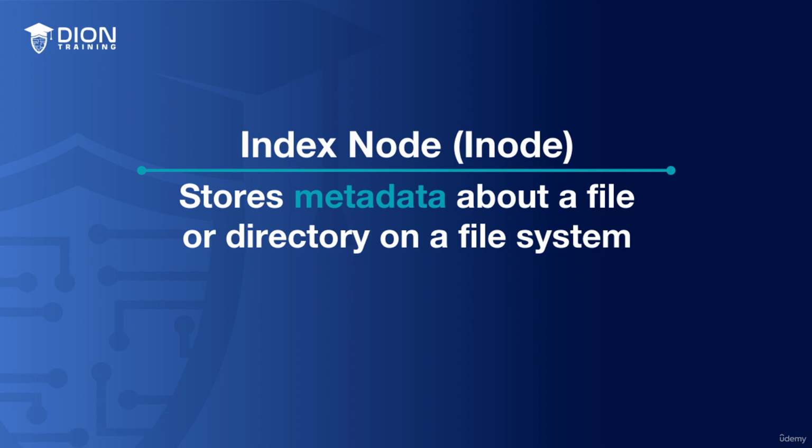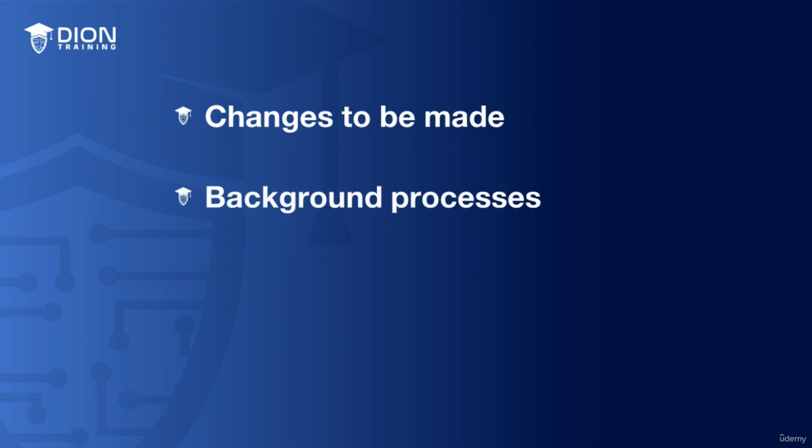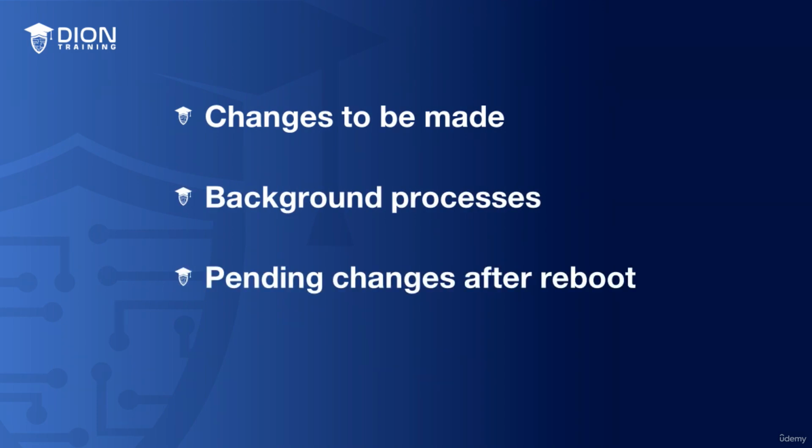In instances where there is an unexpected interruption, the file system can quickly recover itself through journaling because it records changes to those files that have not been made to the file system yet inside of this inode. Now, the journaling process involves describing all the changes that must be made to the drive, the background processing, performing pending changes when rebooting, and discarding incomplete entries.